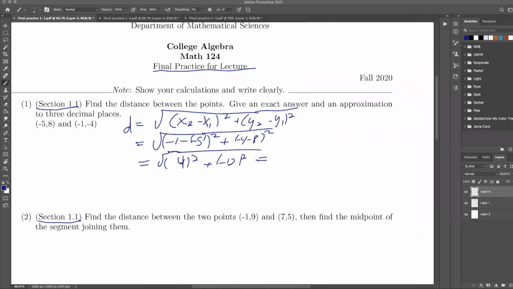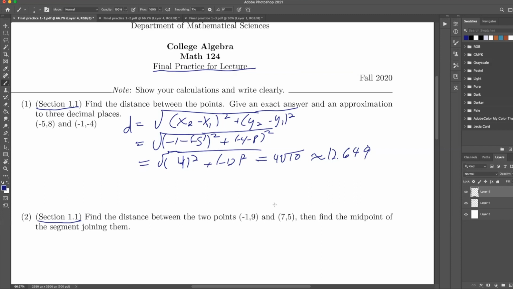So just write that in: 4 square root of 10, or approximately 12.649. When you type it into the computer, it'll ask for either the exact answer or an approximate, depending on which random question it hands you. So be very careful of what's in the little parentheses, how the person asks you to type it in.